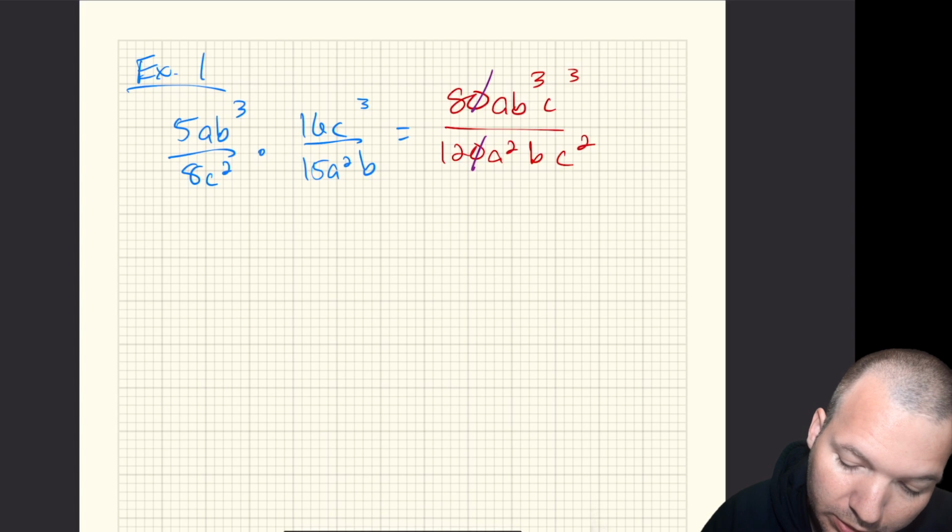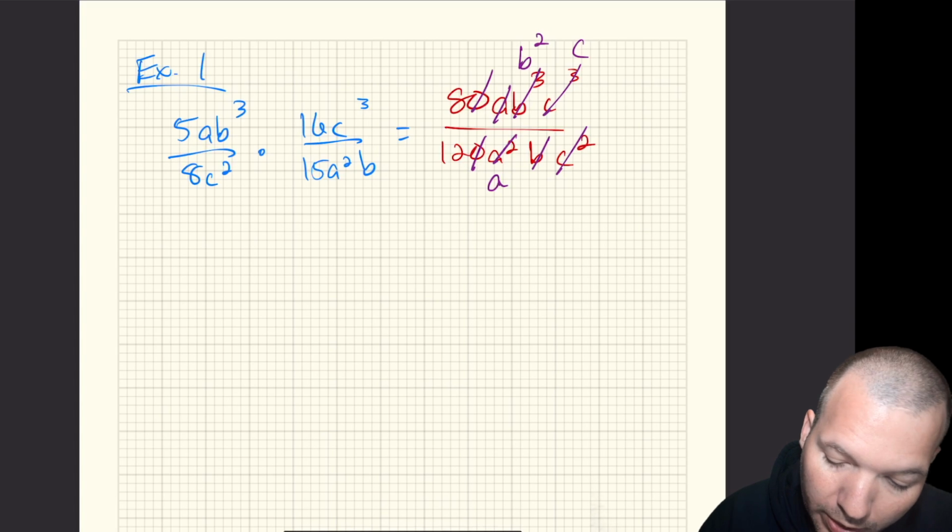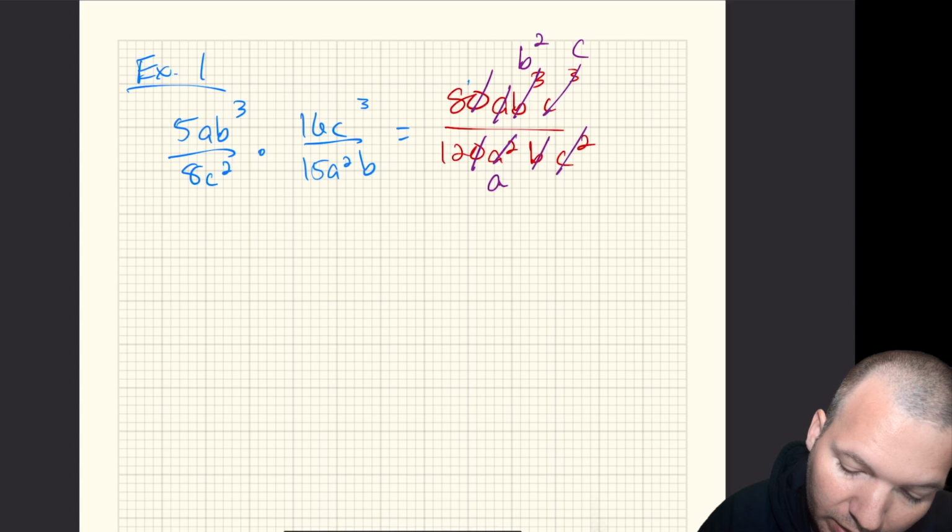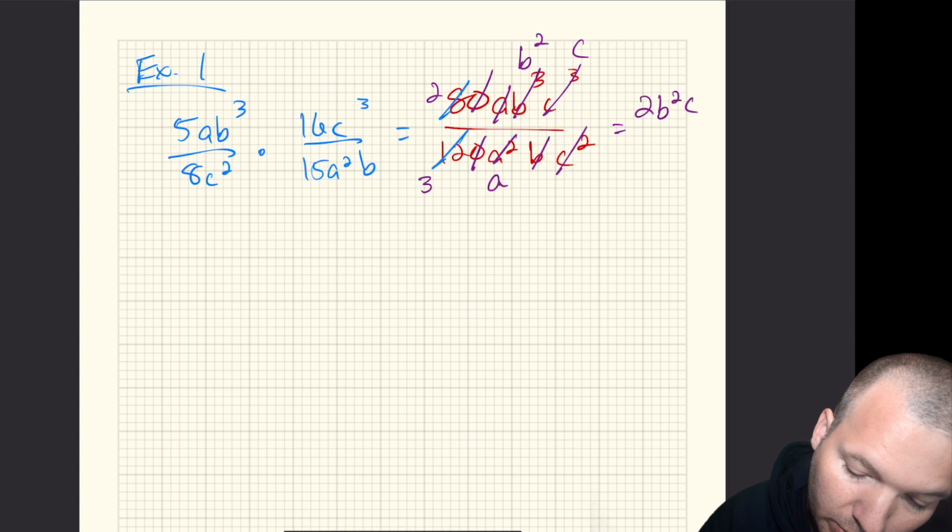Obviously, some zeros come out. An a cancels with an a squared, leaving an a. B cancels with b cubed, leaving b squared. C to the third over c squared leaves a c, and then even 8 over 12 is 2/3. And so that gives us 2b squared c over 3a.